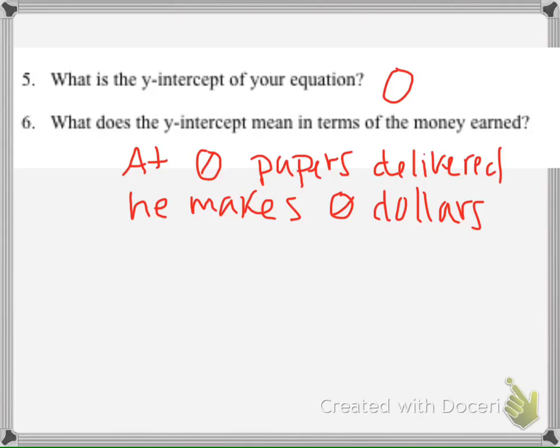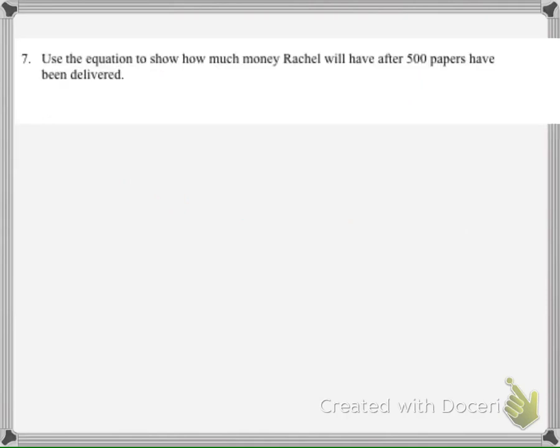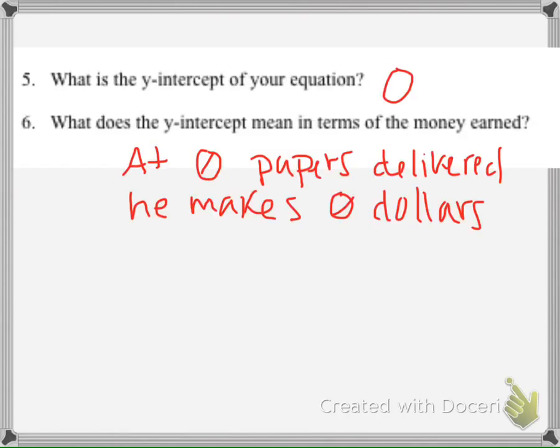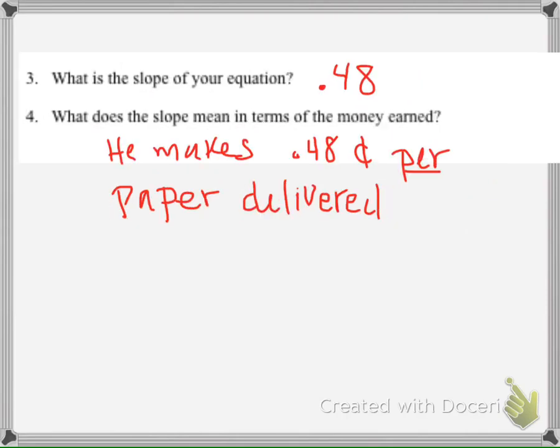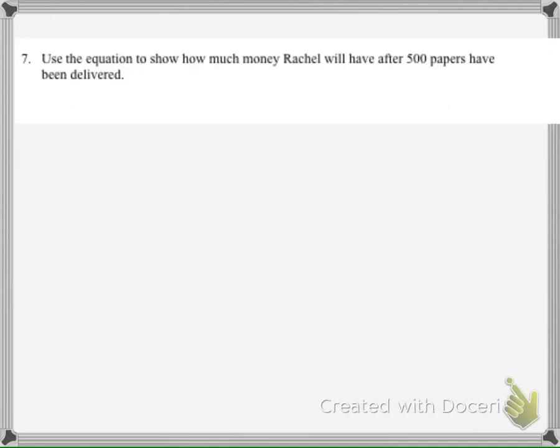Okay, now number 7 is asking us to use our equation to solve how much money Rachel, now I just realized it's Rachel and I've been saying he, those should all be she's, sorry, easy fix. Okay, so Rachel, after delivering 500 papers, how much money? So they're asking for how much money and they're giving me 500 papers.